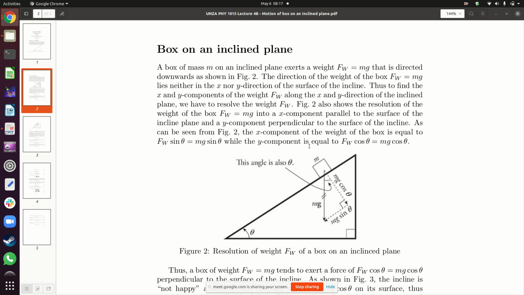So there is need for us to find out what is the nature of the resultant force acting on this box. Are we clear? We need to find out the nature of the resultant force acting on this box. Is that clear?